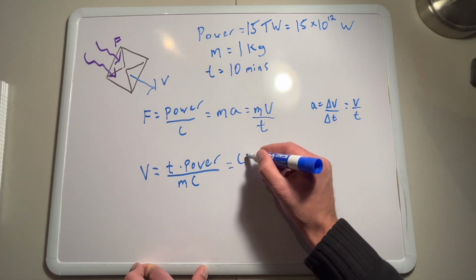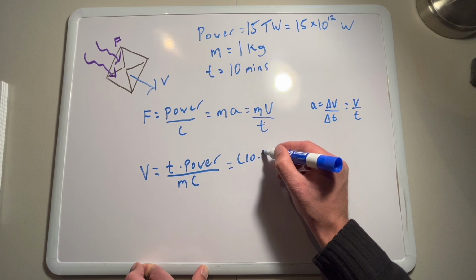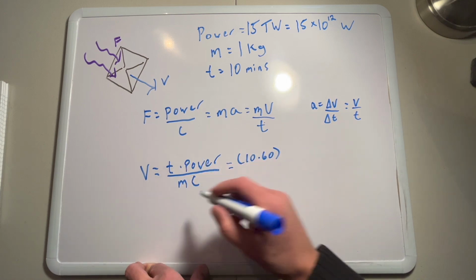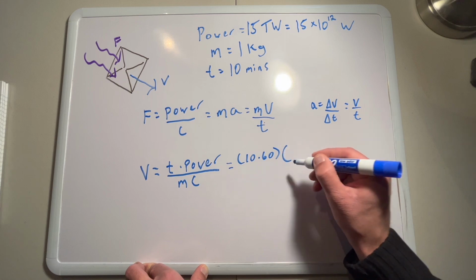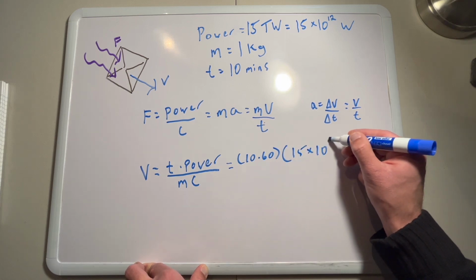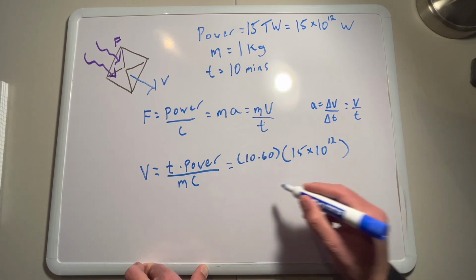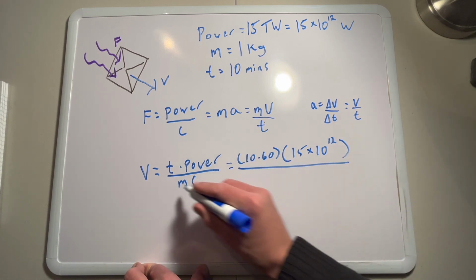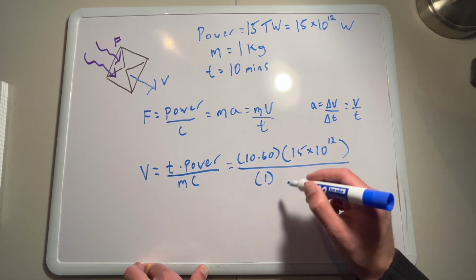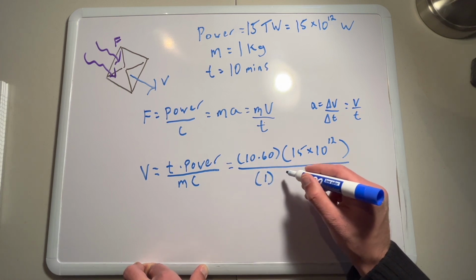So time, 10 minutes, times 60 seconds, so that gets time in seconds. And power, 15 times 10 to the 12 watts. Mass, just 1 kilogram. Oh, that's nice. It's almost like I picked that on purpose.